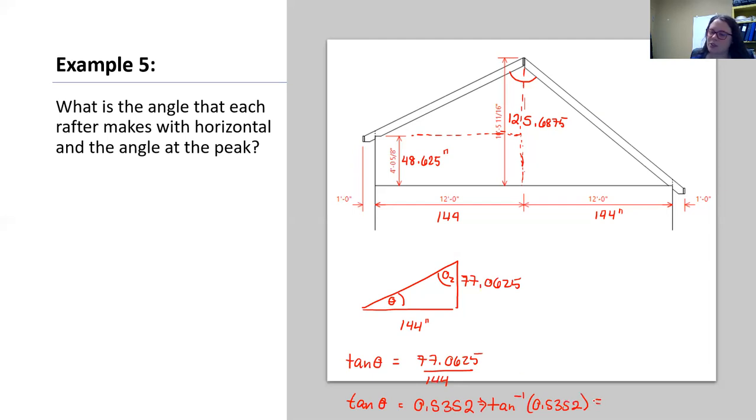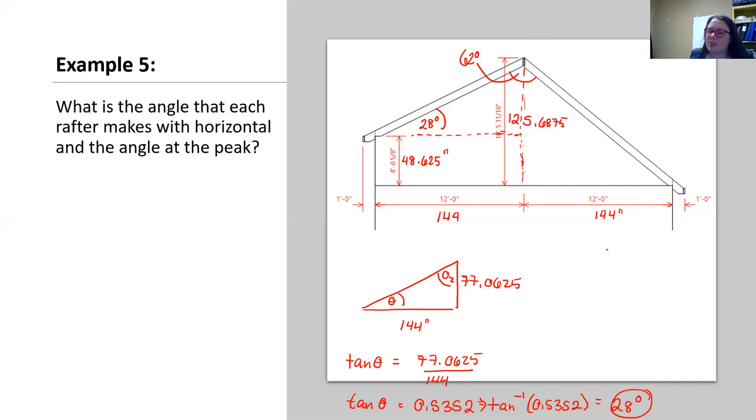And you get 28 degrees. So we know this angle is 28 degrees. We have a right angle over here of 90. So what is this section of the angle at the top? It's going to be equal to 62 degrees.